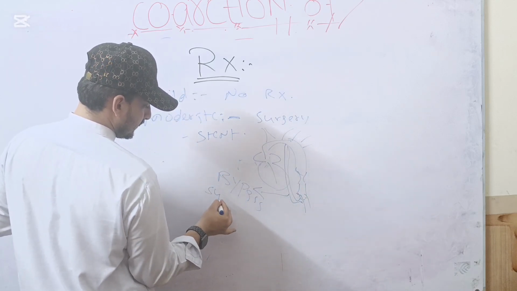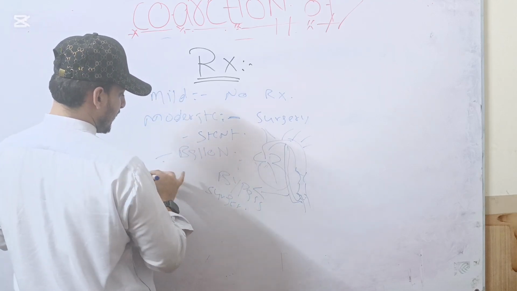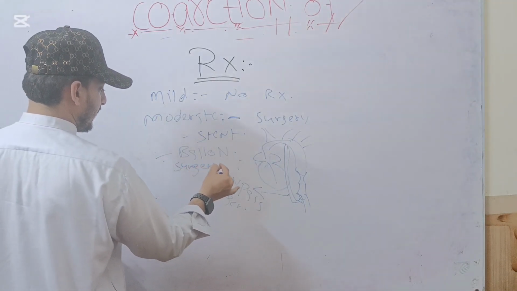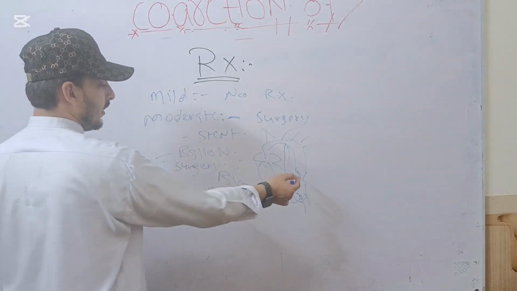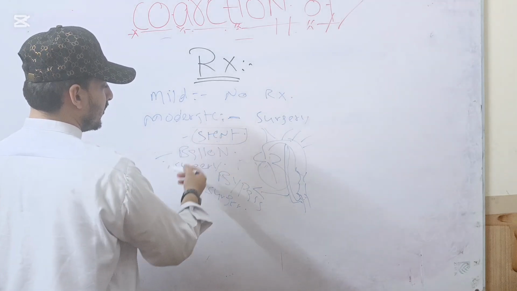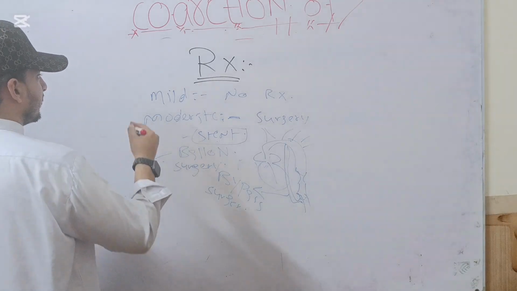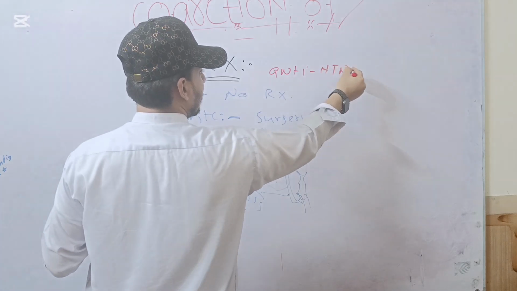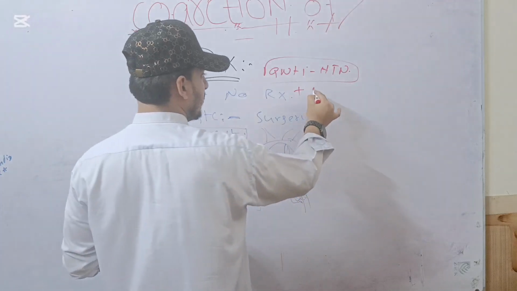Bypass surgery, balloon, stent, balloon surgery. In the child, we do not stent yet because they grow and the aorta also grows, so the stent and aorta size are not the same. So we wait until we see the child's condition. And antihypertensives, plus if cardiogenic shock, dobutamine.